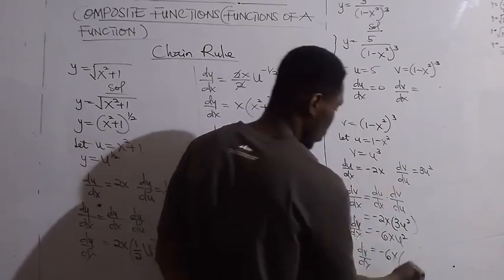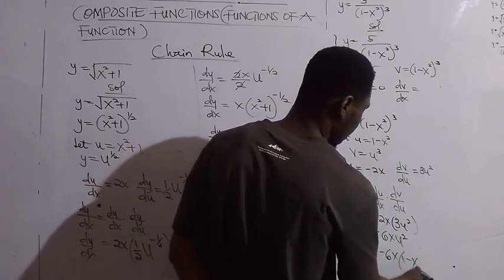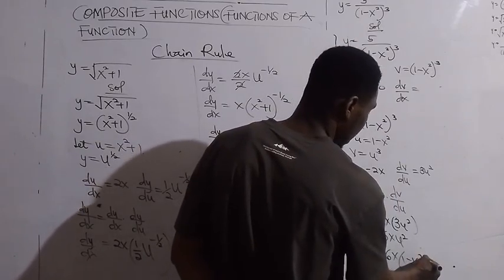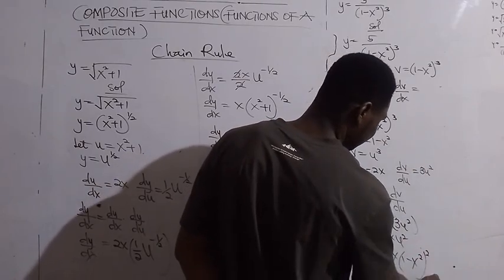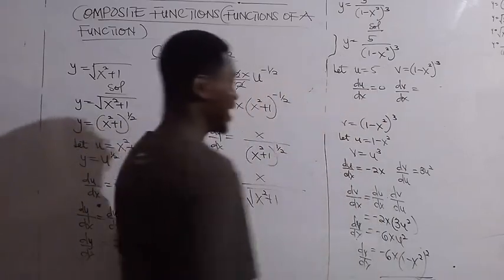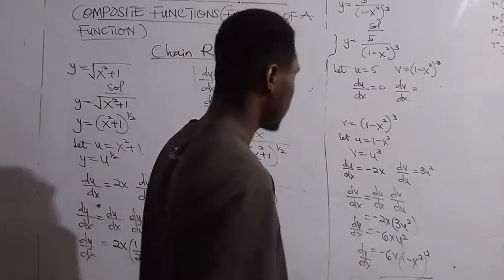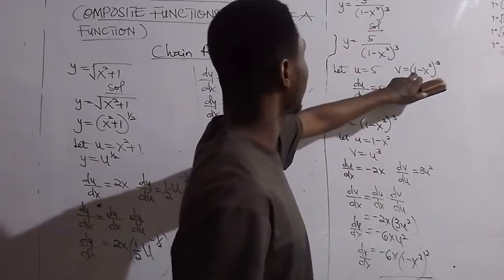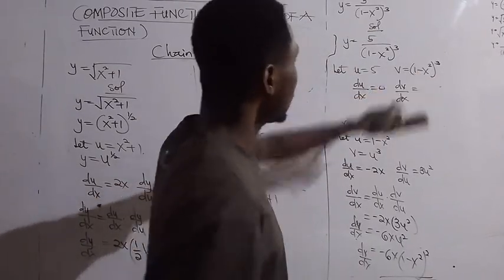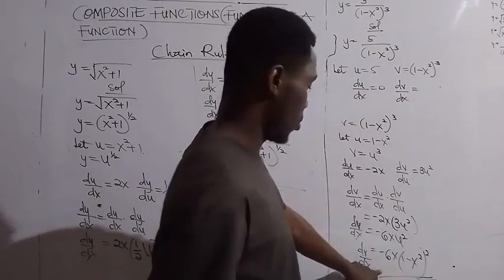So dv over dx is equal to, what's the function? The function is what? 1 minus x squared, exponent 2. This will now be the derivative of, when you differentiate this, this is what you are going to get.